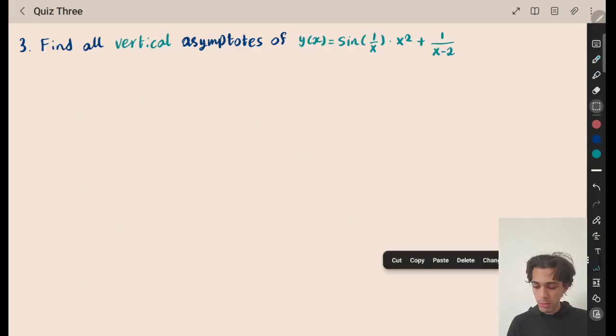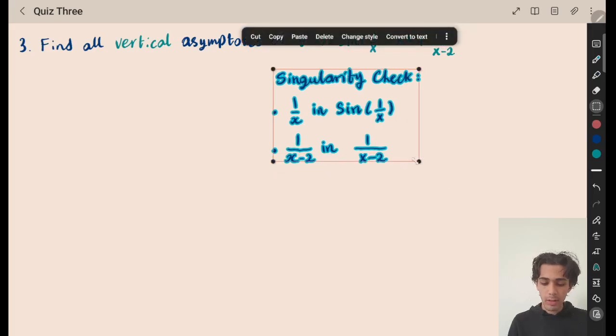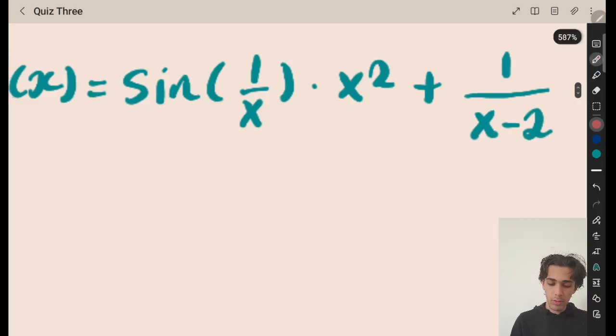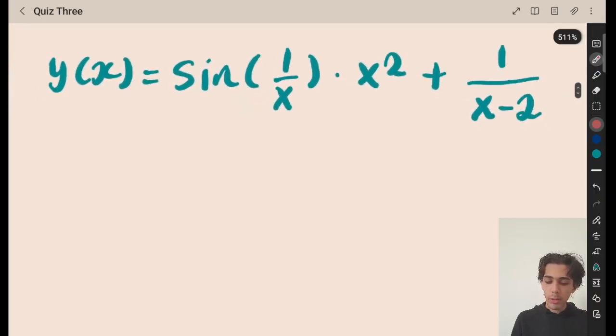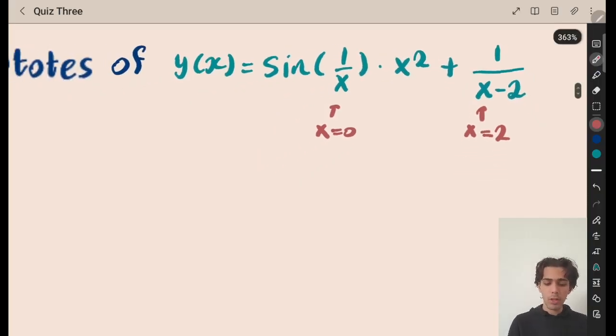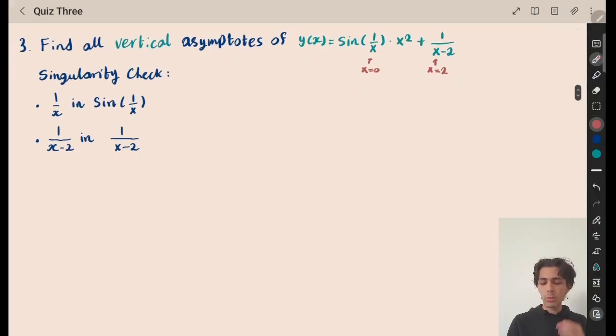For me, I don't need to think about it because I have my singularity check right here. It's not difficult to see that plugging in 0 in 1 over x is a problem, and plugging in x is equal to 2 in this fraction is of course also a problem, just by looking at it without further inspection.